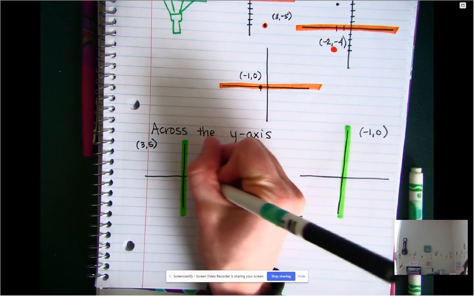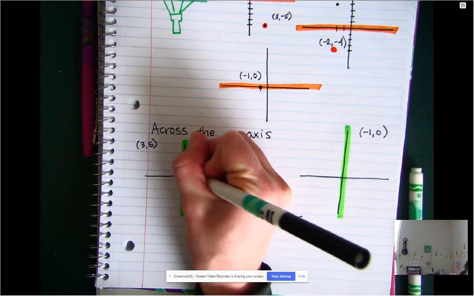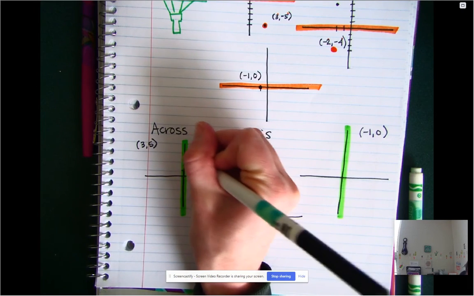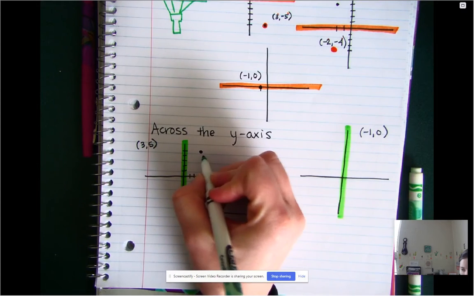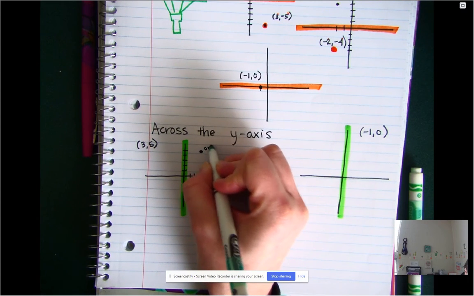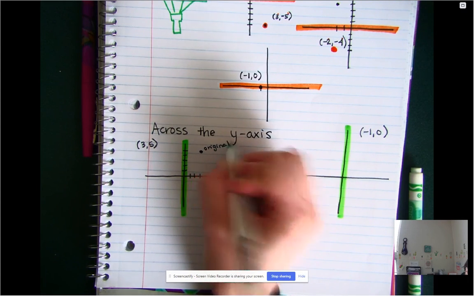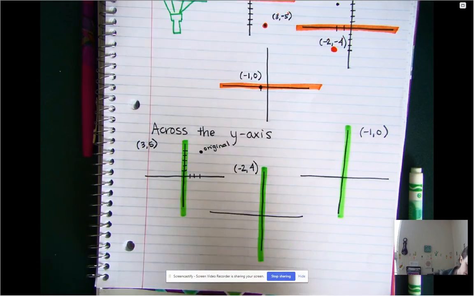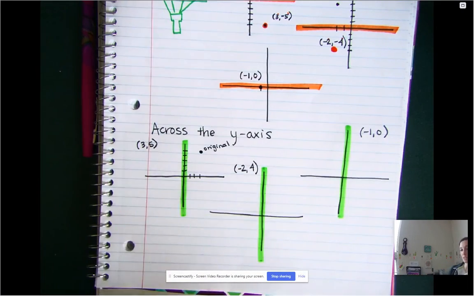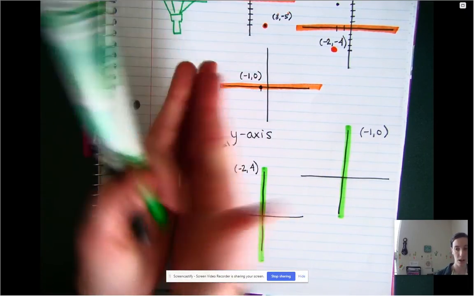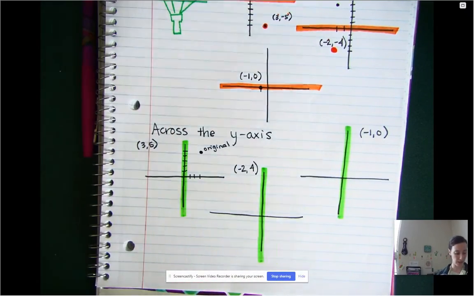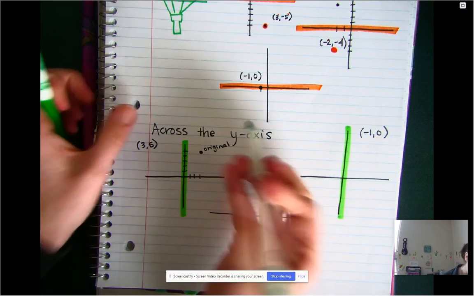So (3, 5): over 3, up 5. Bam, there's the original point. When I reflect it across the y-axis, it's like a piece of paper, right? I fold, unfold, see where the paint blot would be. It's going to be over here.